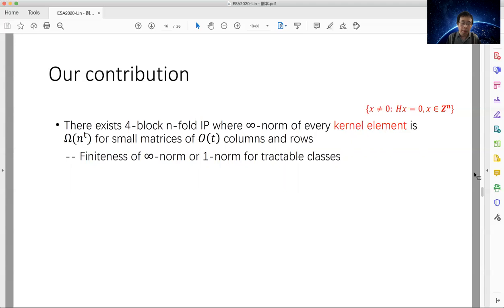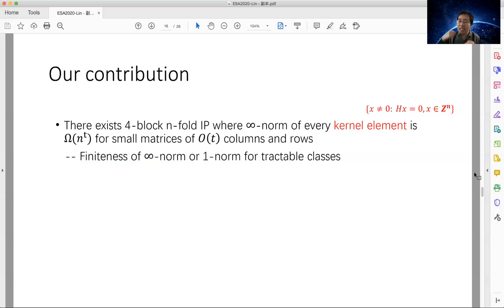If we consider full block n-fold IP, there exists some full block n-fold IP where every kernel element, by which I mean a vector x with Hx equal to 0, has unbounded infinity norm.